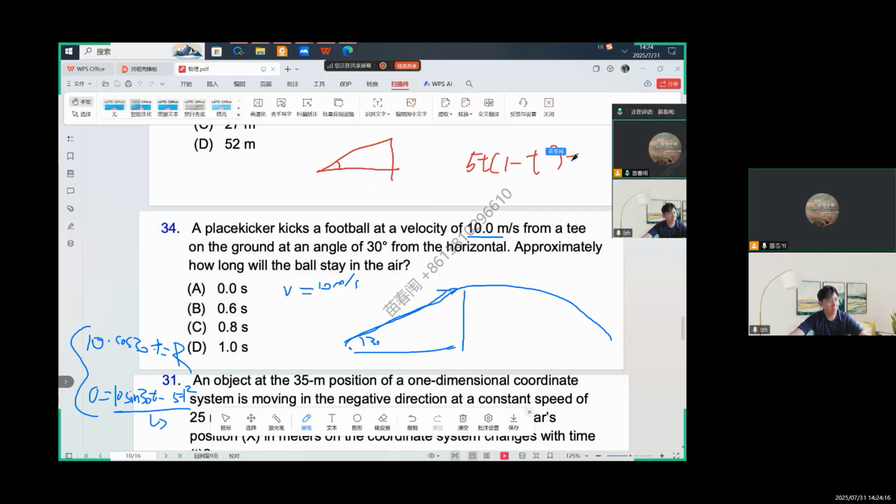This one we can do with factorization because there is a 0 on the other side. There is a common factor 5t, right? Because sine 30 degrees is 0.5, or 1/2.